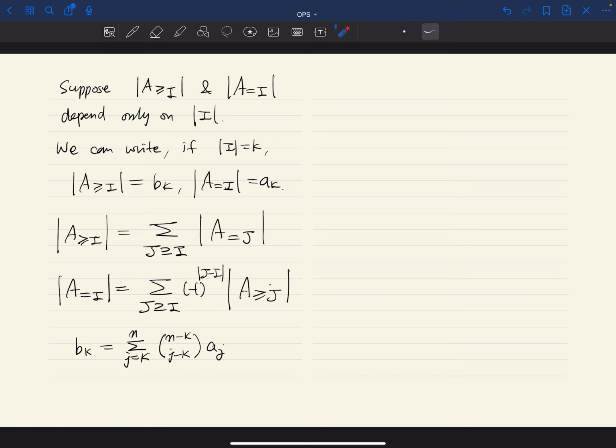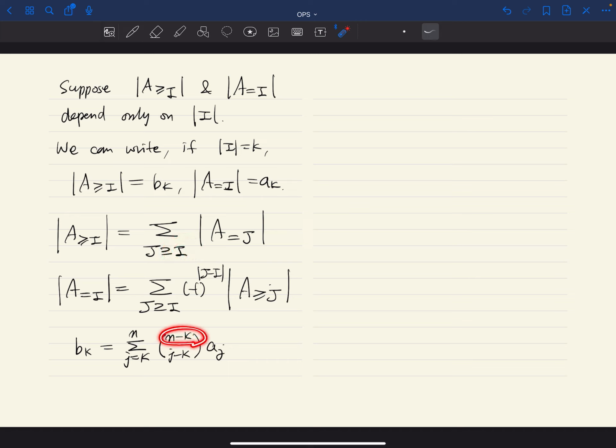Okay, we can rewrite this in this form. If the cardinality of J, J must be from k to n. But this is the number of possible J, because we have n minus k, because the k elements in I are already fixed.